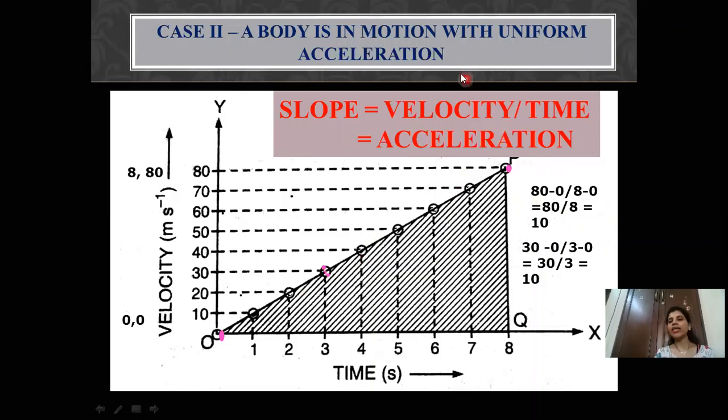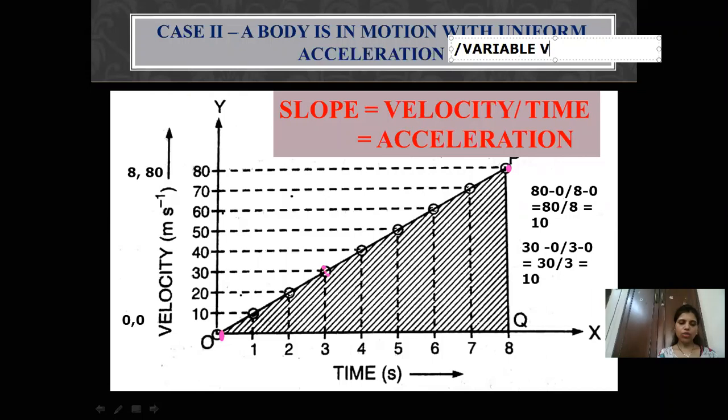So you can write variable velocity or uniform acceleration, that the body is in motion with uniform acceleration or the body is in motion with variable velocity. So here you will write, just write it over here, or variable velocity.